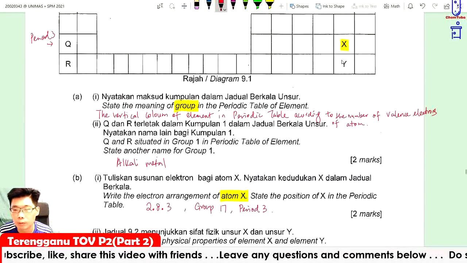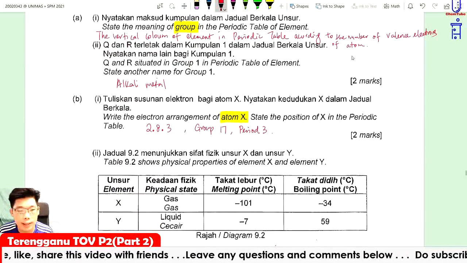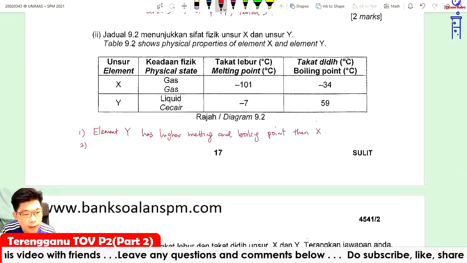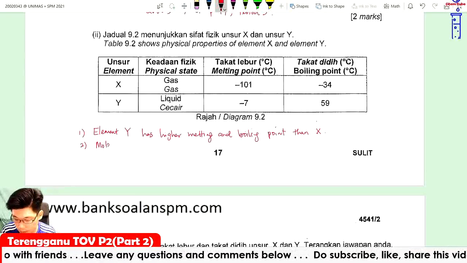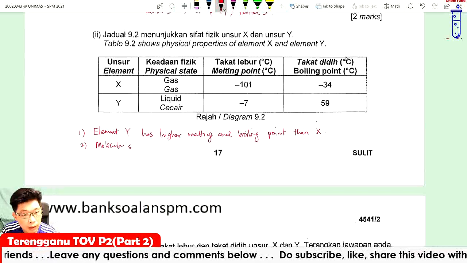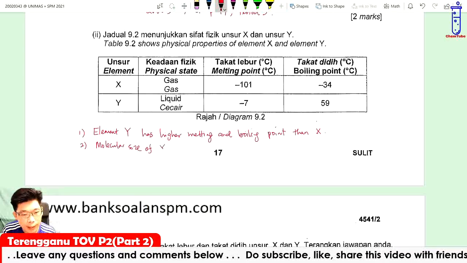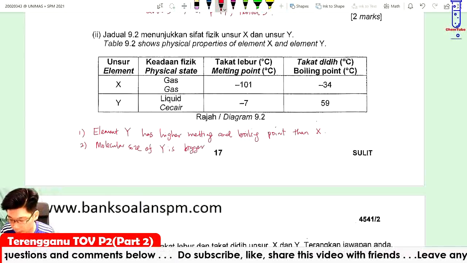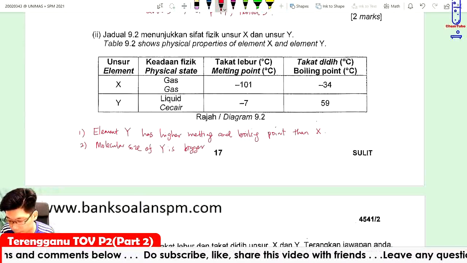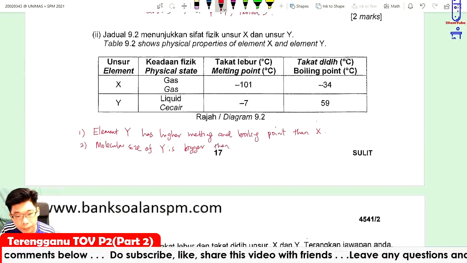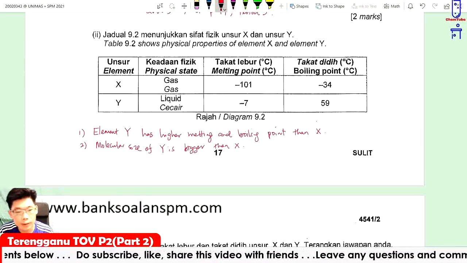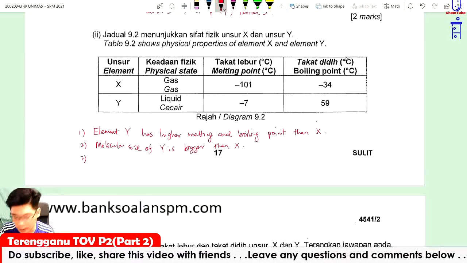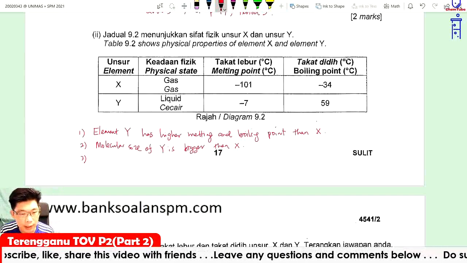Point number 2: looking at Y, it has more electron shells, so it has a bigger molecular size. The molecular size of Y is bigger than X. What is the consequence? If the molecular size is bigger, the attraction force is stronger.